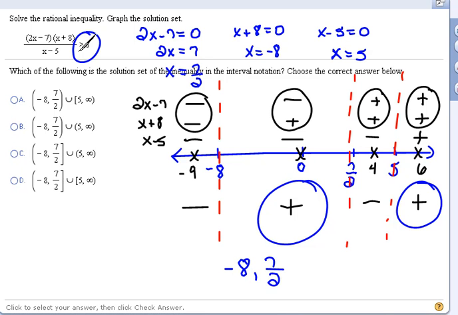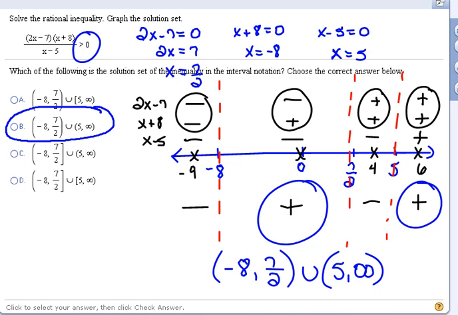Now we did not have any equality in here, so we're going to be using parentheses, joined with this section over here, which would be 5 to infinity, and again with the parentheses. So now looking at our choices over here, it looks like this has to be B because it's the only one that has parentheses around each one of those and no brackets at all.